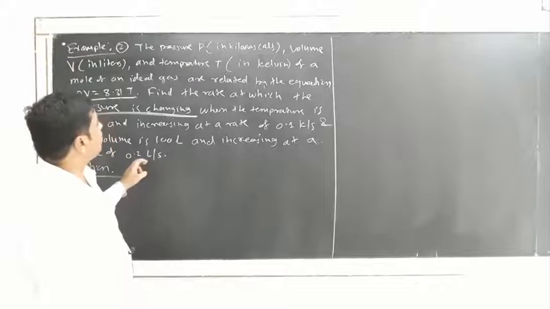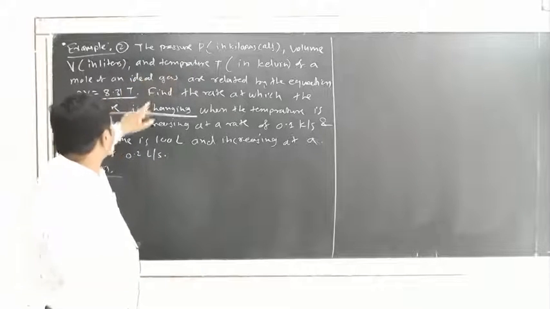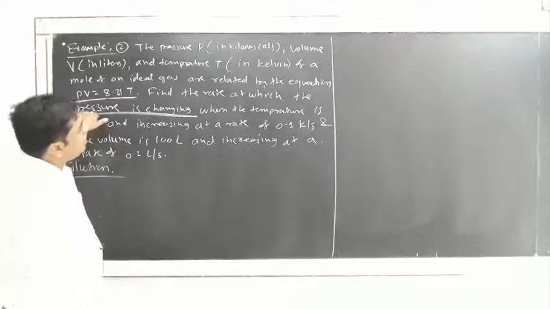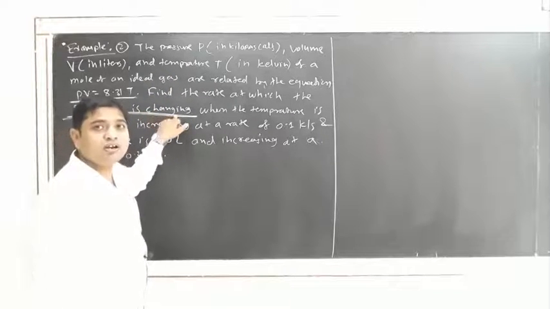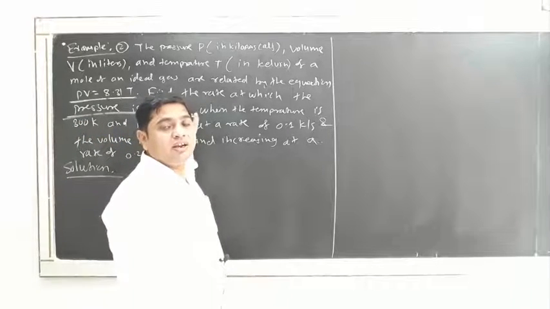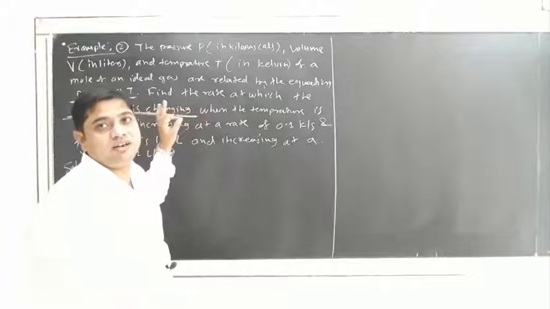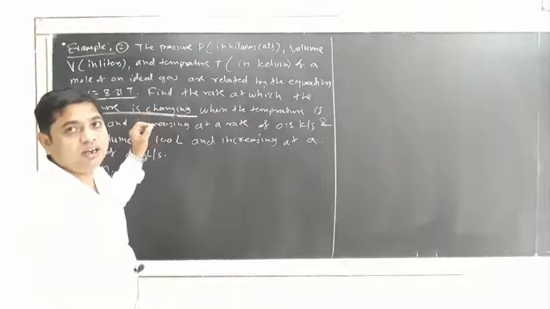That means P is the quantity we have to find; the rate of change of pressure, that is dP by dt. Here t is the time.